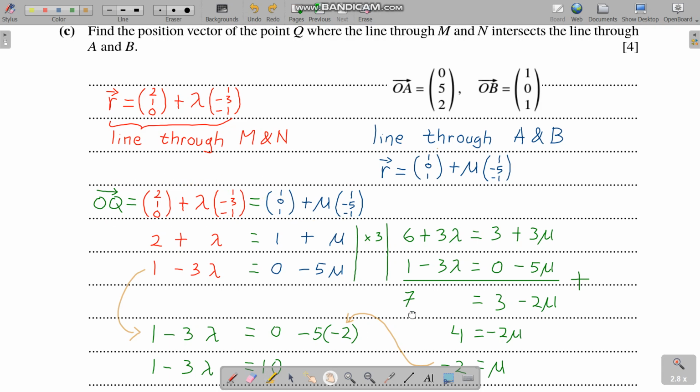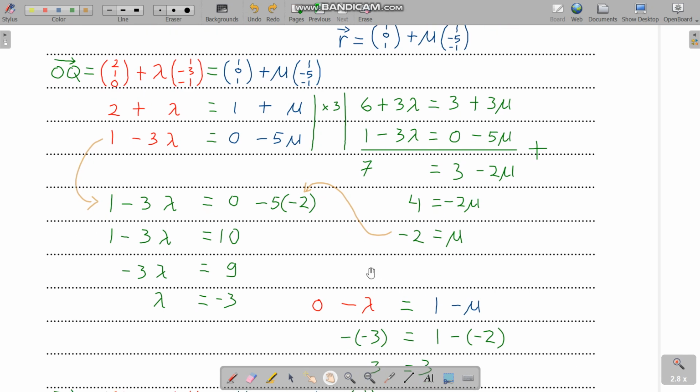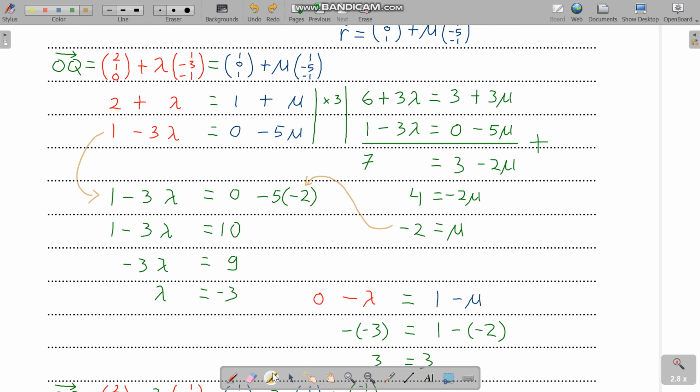So to find the point, we just analyze each component. For the x component, we have the first equation 2 plus 1 times lambda, 2 plus lambda, equals 1 plus mu times 1, so 1 plus mu. So that's from the x component. From the y component, 1 minus 3 lambda equals 0 minus 5 mu. So that's from the y component.